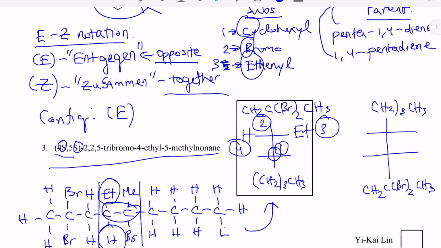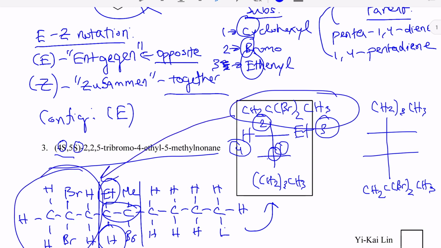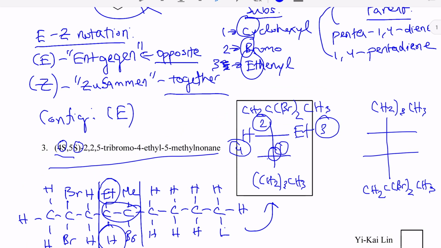And I had written a 2 for everything to the left of the stereocenter, this part, by realizing that we have a tie between the ethyl and this part when we just look at the first atom in that substituent, the immediate atom attached to the stereocenter. So we have to look a little bit more. We have to go one carbon further for each of these substituents. And what you find is that the second carbon on the left-hand side is attached to two bromo groups.